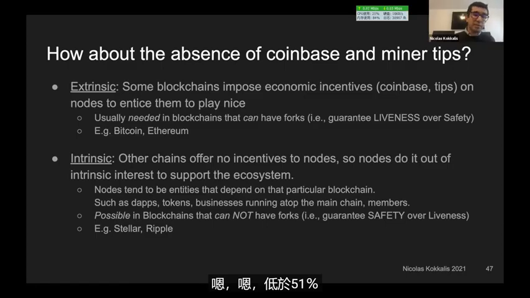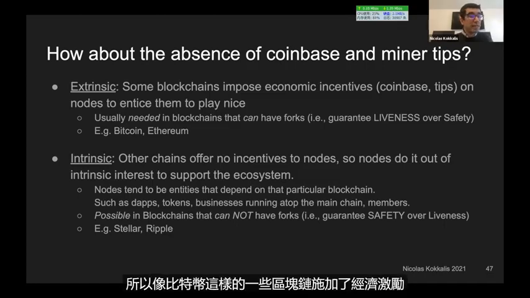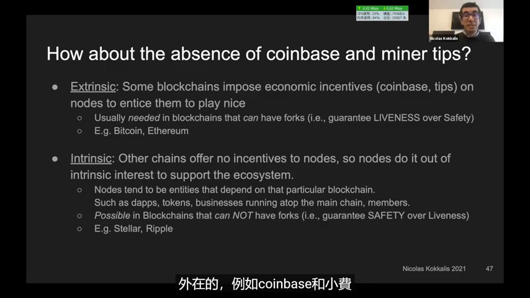Interestingly, that mining pool doesn't exist anymore, or it's very, very small. So that's about Bitcoin. And there are other ways that economics can come into play. Some blockchains like Bitcoin impose economic incentives that are extrinsic, such as Coinbase and tips to the nodes, to make sure that they play nice.